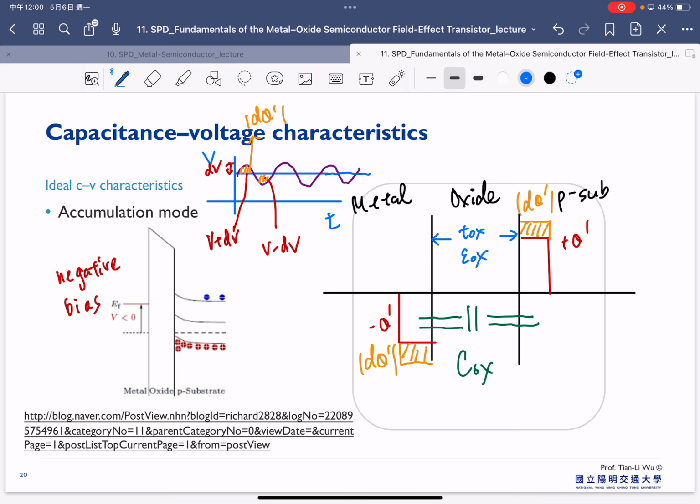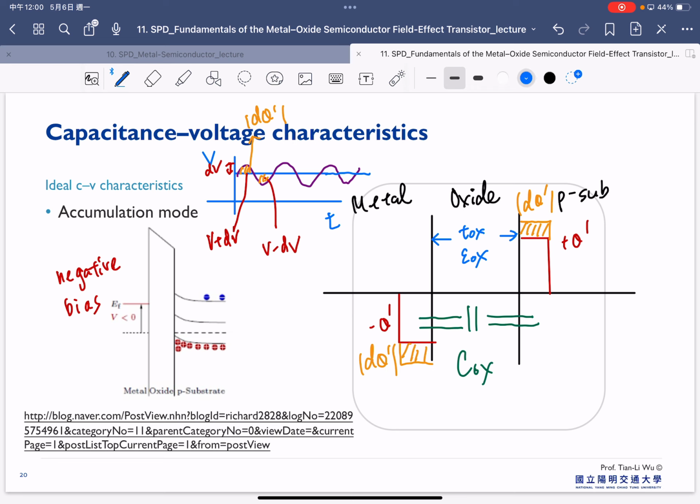So at this moment, we expect the capacitance is related to C-ox, which is equal to epsilon ox over T-ox.